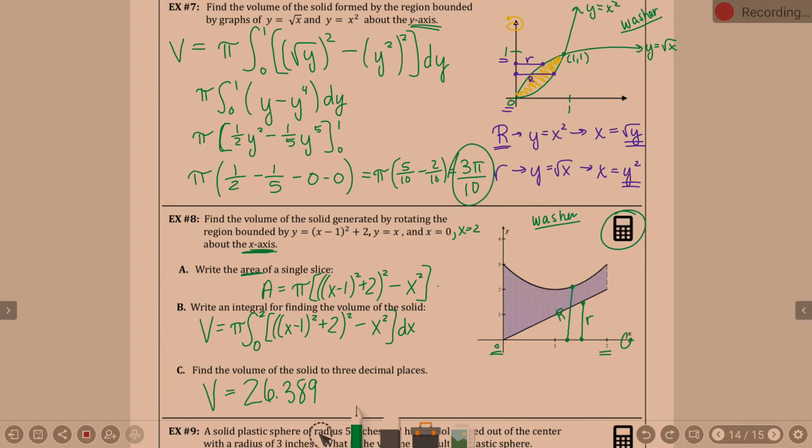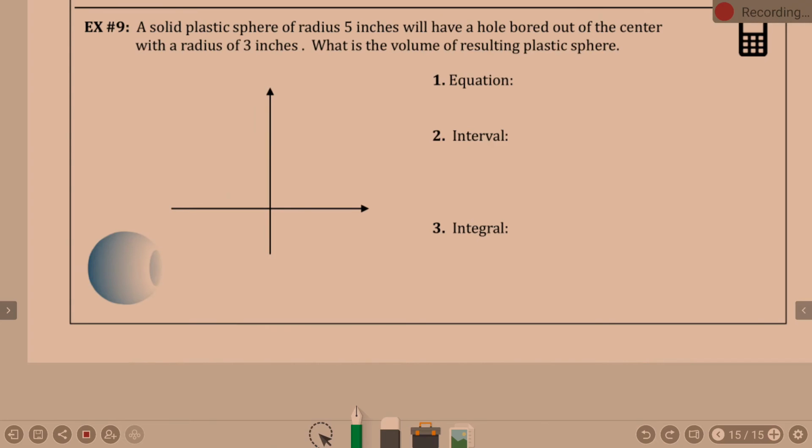One more. Number 9. A solid plastic sphere of radius 5 inches will have a hole bored out of the center with a radius of 3 inches. What is the volume of the resulting plastic sphere? Now, this one was a little bit hard for me to visualize at first.